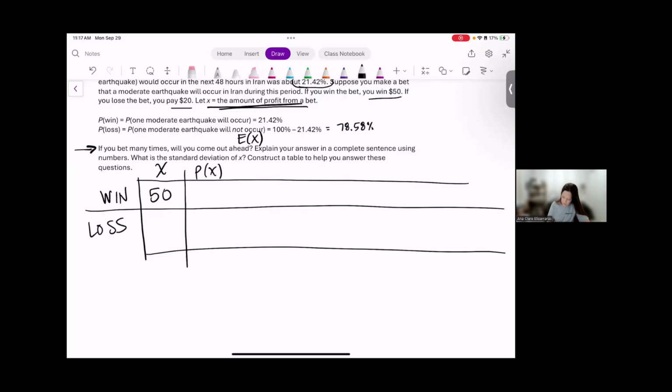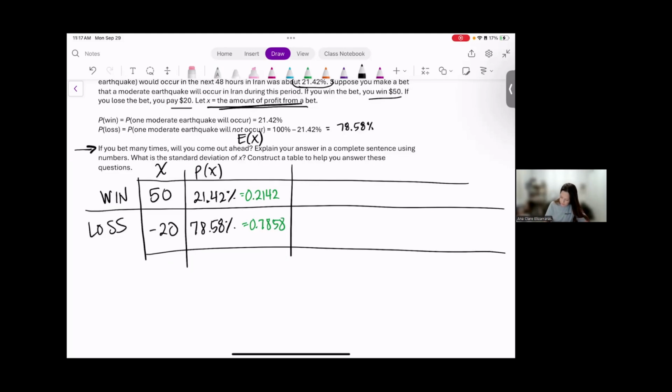The probability of winning is 21.42%, which I'm actually going to use the decimal equivalent of when I'm moving forward because it's easier to work with. Losing means you pay $20, which is minus 20, and that had a probability of 78.58%. So I'm going to write this as 0.2142 and 0.7858.